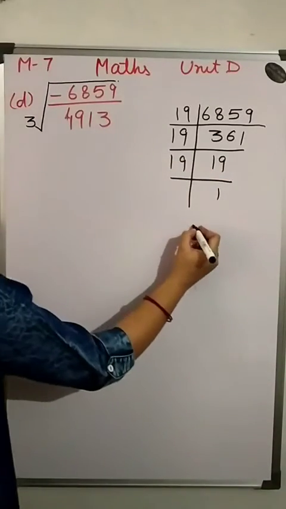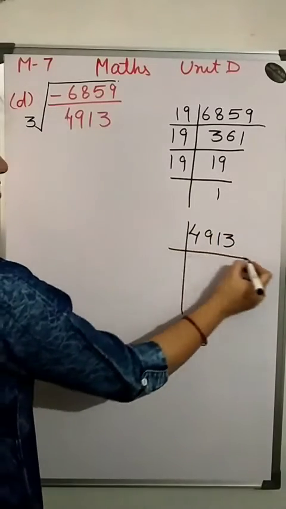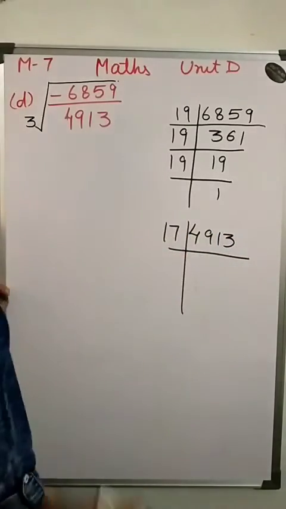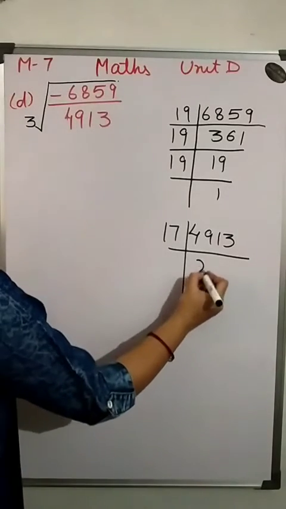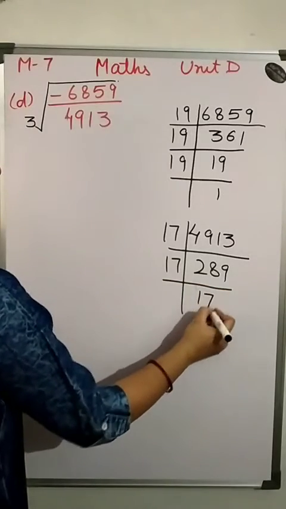Now the next number is 4913. Find the prime factors of this number. This is divisible by 17, giving 289, and 17, and again 17.